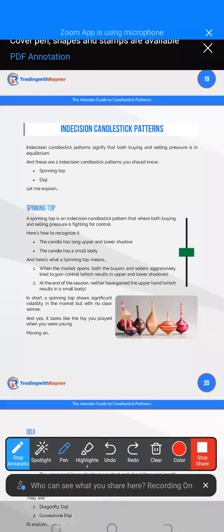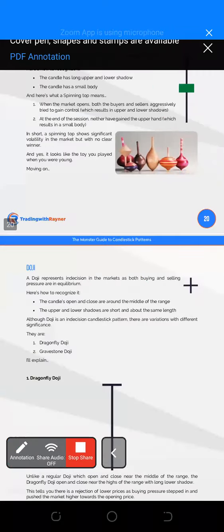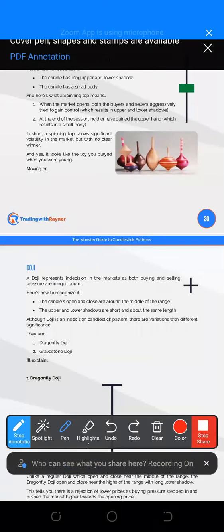Look at it. I was talking about doji earlier. There are different shapes they have. Some of them have a little body, then a very long wick. But look, there are some others. Look at this. Wow, perfect. This is the sign in the market that both buying and selling pressure are in equilibrium.